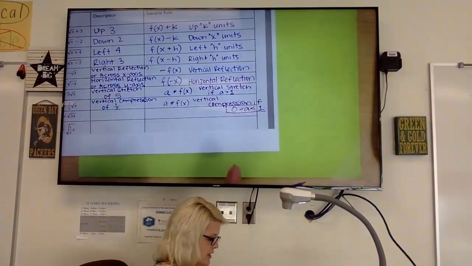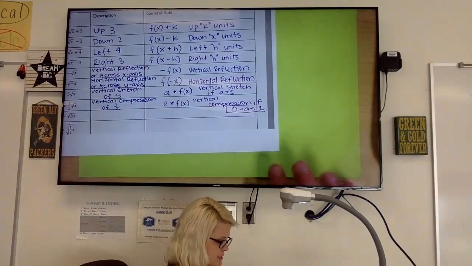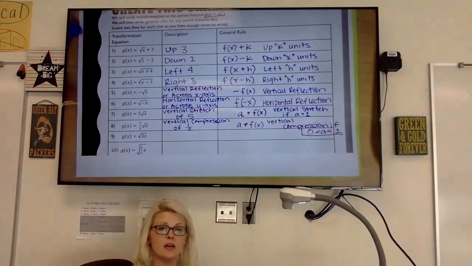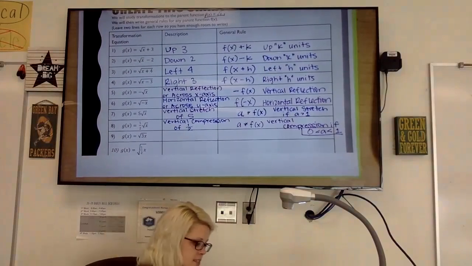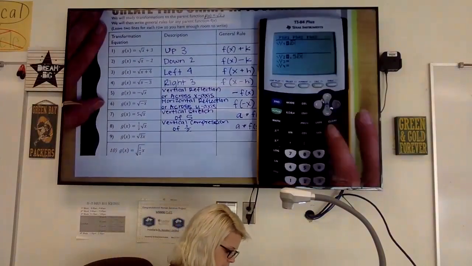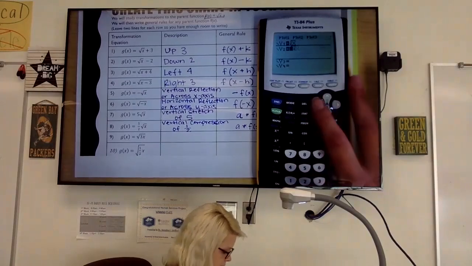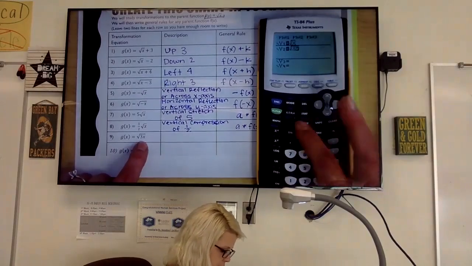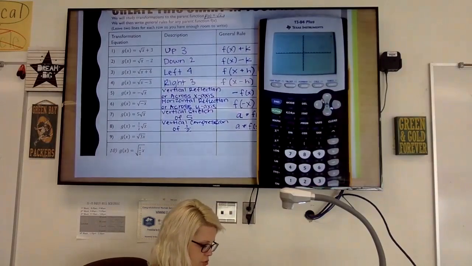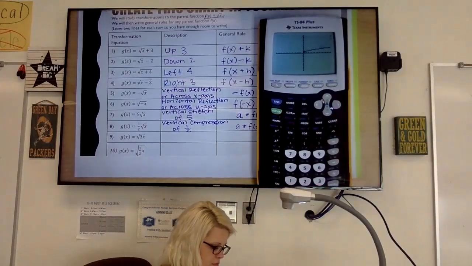Okay. Then the next two are pretty crazy. The horizontal stretches and compressions are kind of hard to see, and they're weird. Everything on the inside is weird. It's opposite of what we would expect. So if I were to graph this with a 3 inside, there's my original. There's my transformation.